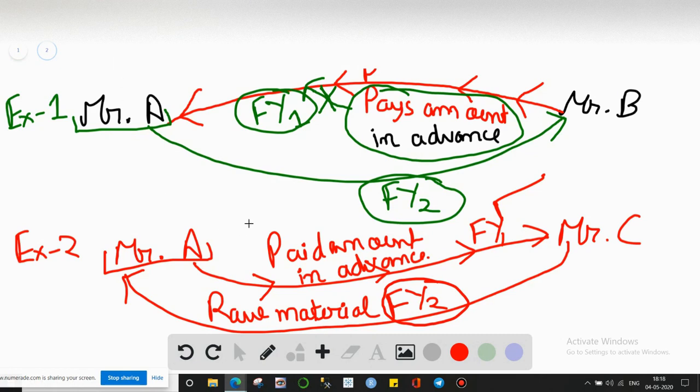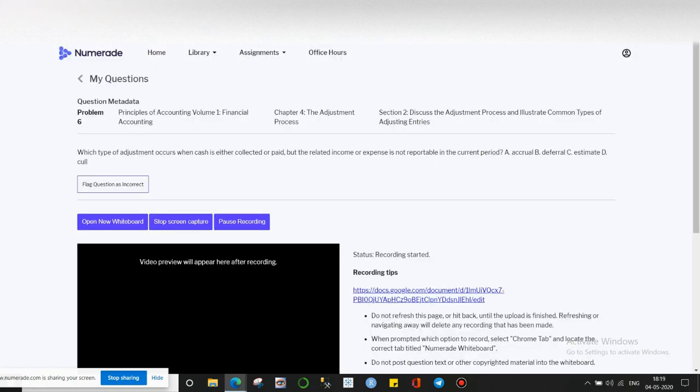Okay, so the question has asked us which of the following methodology has been termed as. Okay, so our correct choice is deferral.